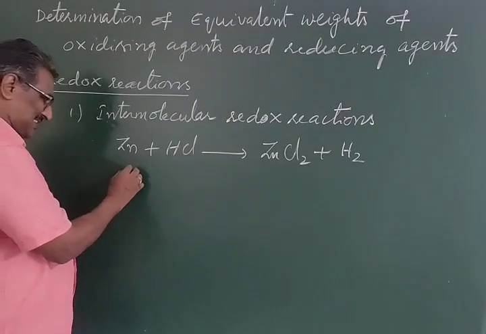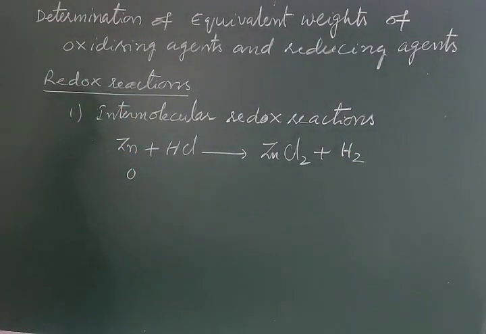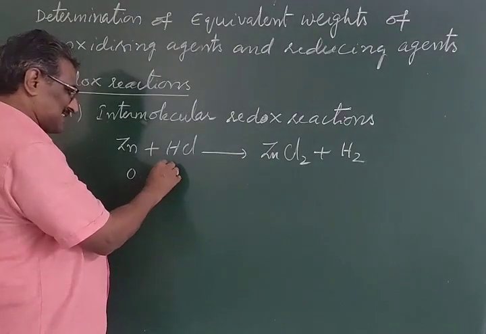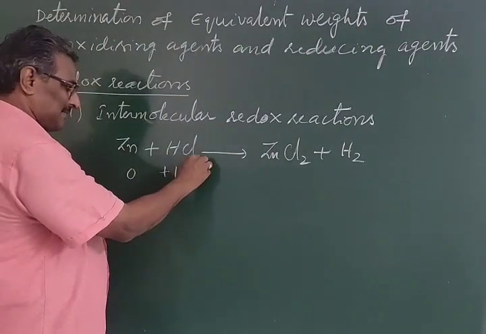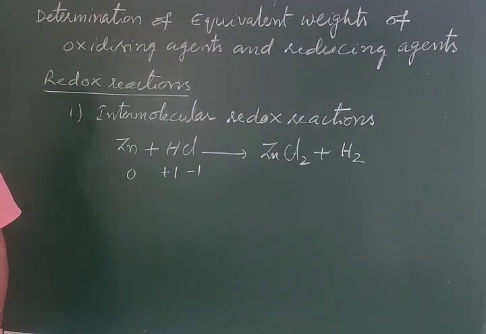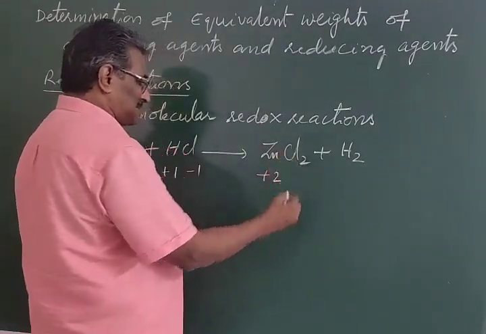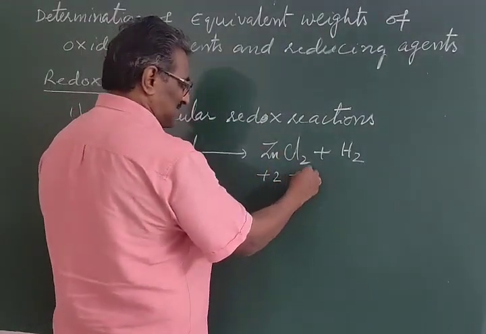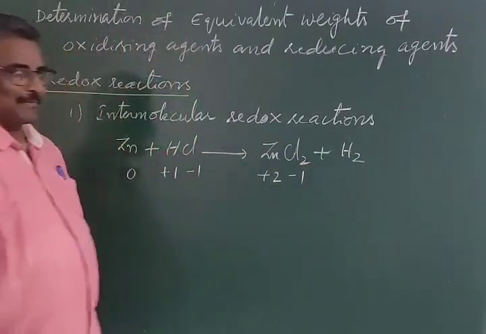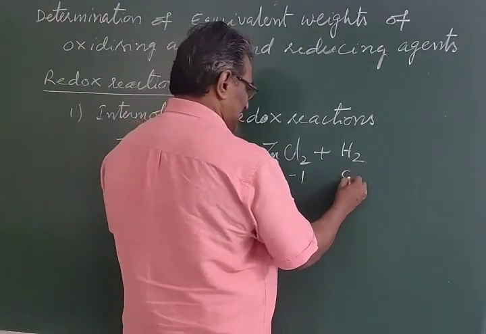The oxidation state of zinc is 0, as zinc is in the elemental state. Here, oxidation state of hydrogen is +1 and oxidation state of chlorine is -1. In the products, oxidation state of zinc is +2 and oxidation state of chlorine is -1 and oxidation state of hydrogen is 0.